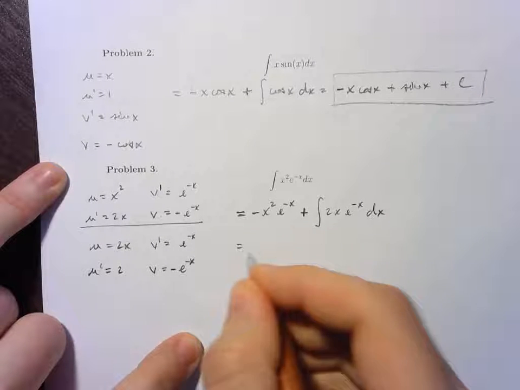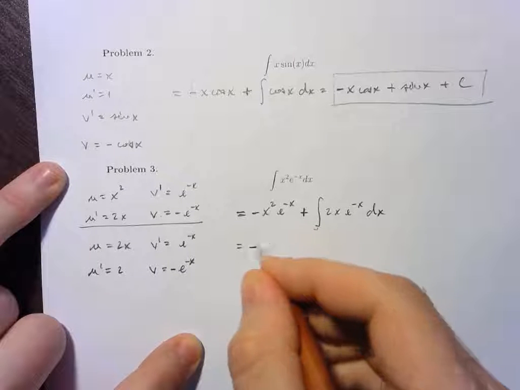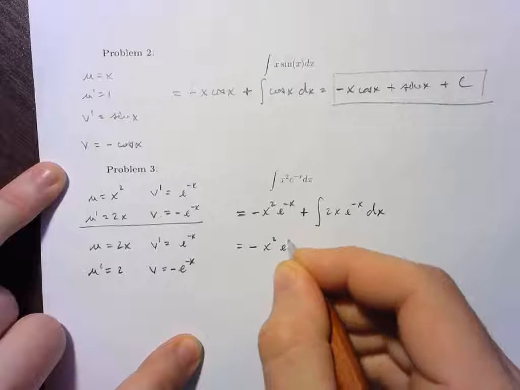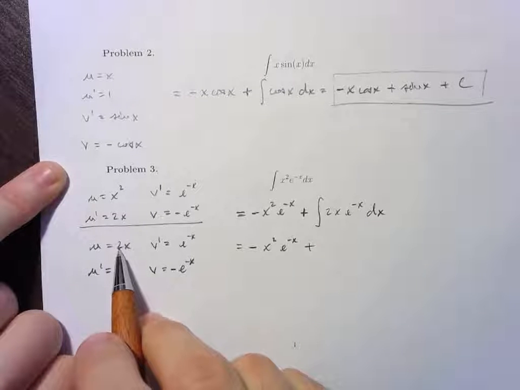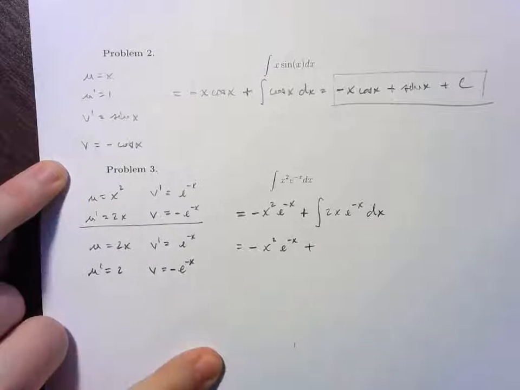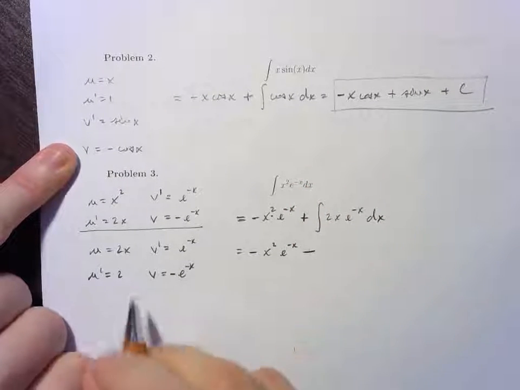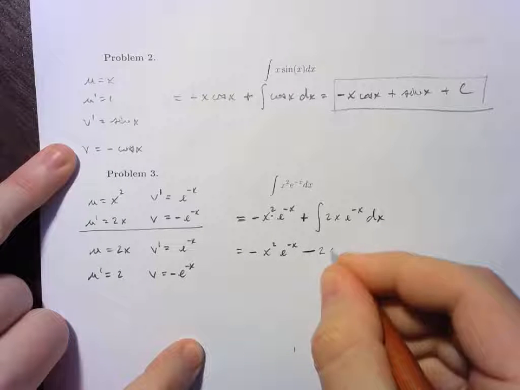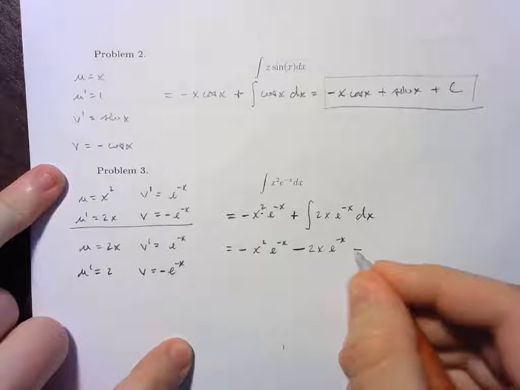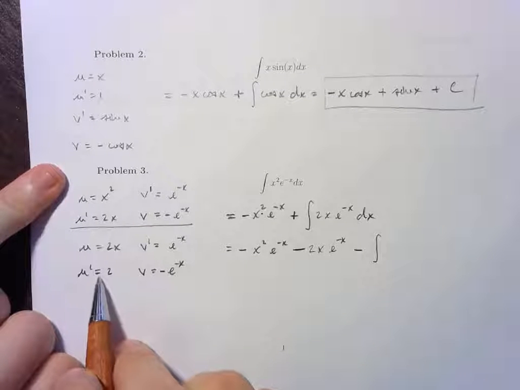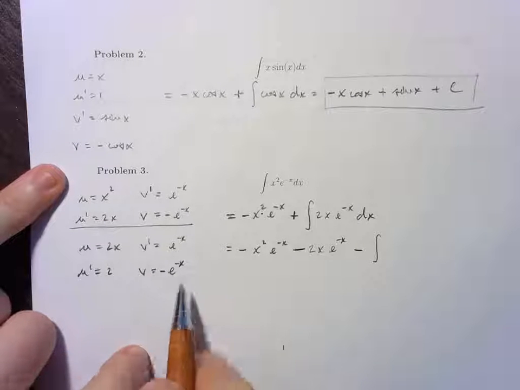So let's apply that. So that means that this integral now is equal to, okay, first part I just copy it down, minus x squared e to the negative x, plus, now I have u times v, so actually I'm going to make that a minus 2x e to the negative x, and then minus now the integral of u prime v, so 2 times negative e to the minus x.